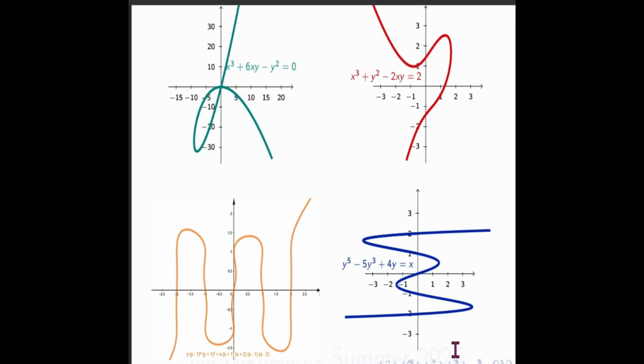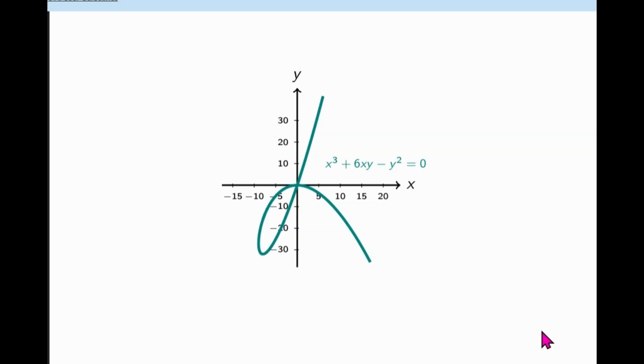Here are some examples. However, at any point on the graph, we may be able to find a small piece of a graph that is the graph of a function of one variable or the other. For example, consider the graph of x cubed plus 6xy minus y squared equal to 0.